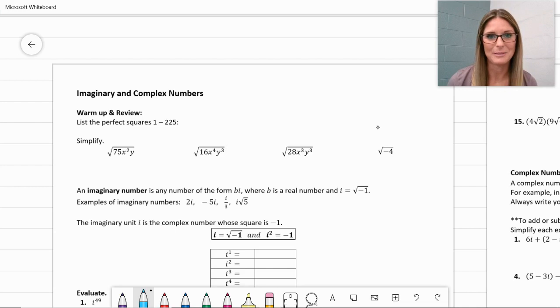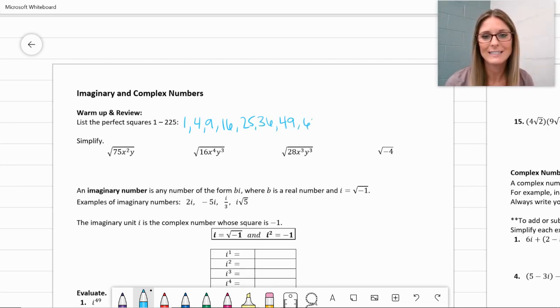So there was a point and there was a purpose our first few days of school listing our perfect squares. You've got 1 times 1 is 1, 2 times 2 is 4, 9, 16, 25, 36, 7 times 7, 49, 64, 81, 100, 121, 144, 13 times 13, 169, 196, and 225.